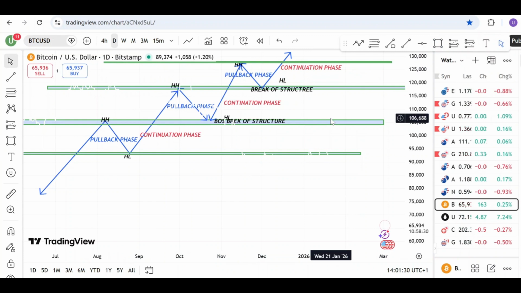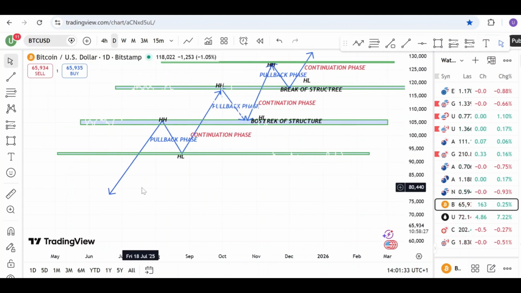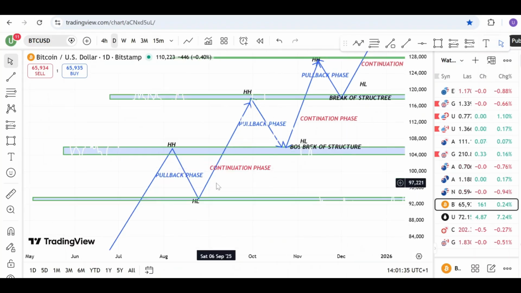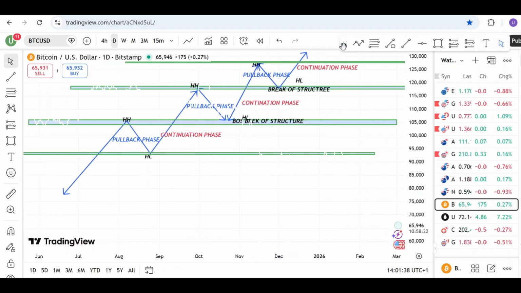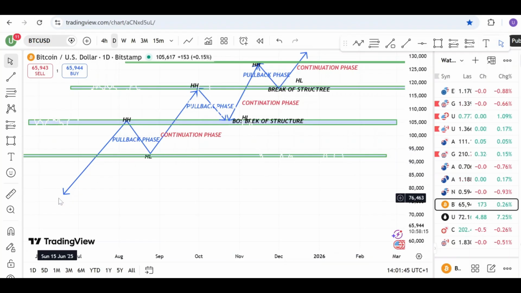Okay, cool. And as you see, there is a thing you call break and retest. Here, the price managed to break this support to create this higher high, and pulled back here on this support to form a higher low, and then managed to go upward to create another higher high.